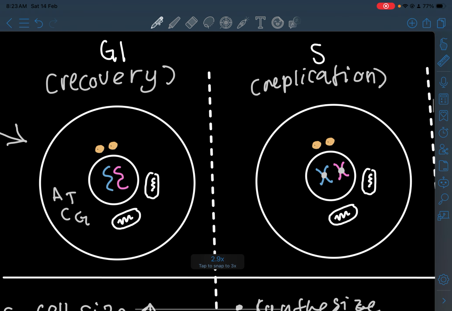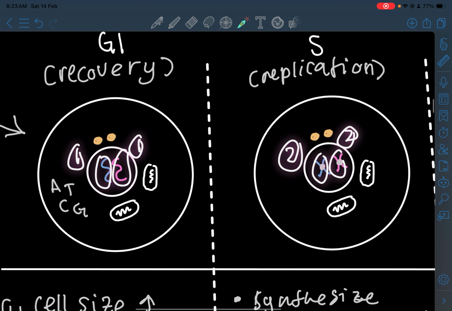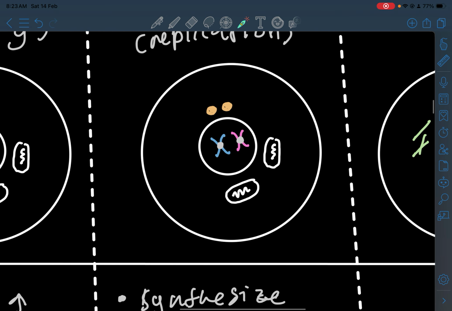So you see from G1 to S, notice this chromosome or this chromatid, suddenly they are duplicated. Father only has one, and suddenly there are two. Mother only has one, and suddenly in S phase there are two. For father, we can consider this as one chromosome. In its duplicated form, we can see two DNA joined together at the centromere. This is also considered as one chromosome.